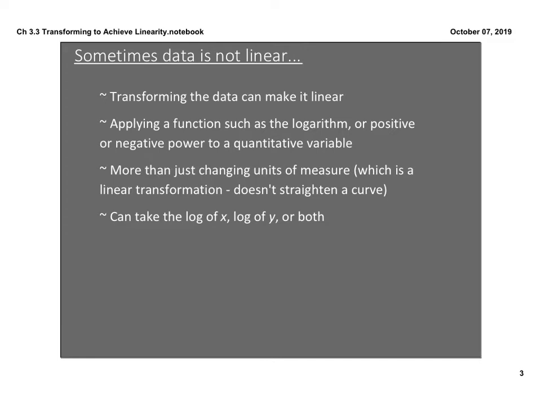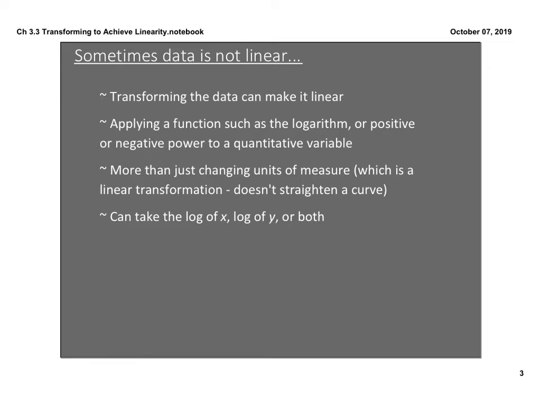We talked, I think in section 3.1 maybe, that we could do transformations where you've got a multiplier and you add a constant. But this is more than that. This is taking a power or a logarithm, which actually changes the shape of the data. When we applied a multiplier or added or subtracted a constant, that didn't change the shape of our data. It would change how far it spread, but it didn't change the shape.